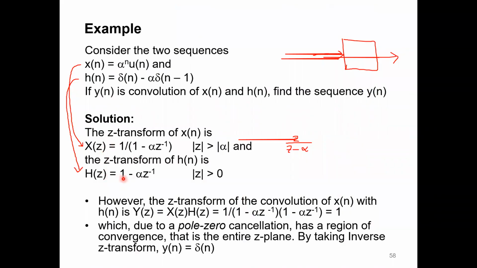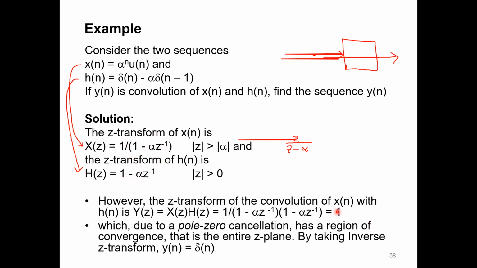So these two Z transforms get multiplied. Okay. So 1 over 1 minus alpha z^-1 gets multiplied with 1 minus alpha z^-1, like that. What is the answer? When you multiply these two together, they cancel off.